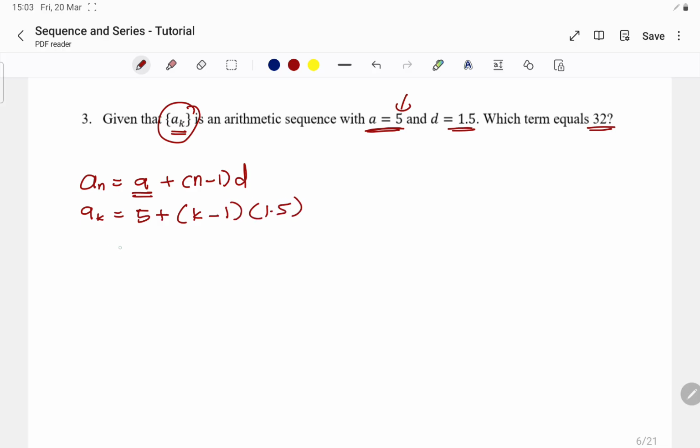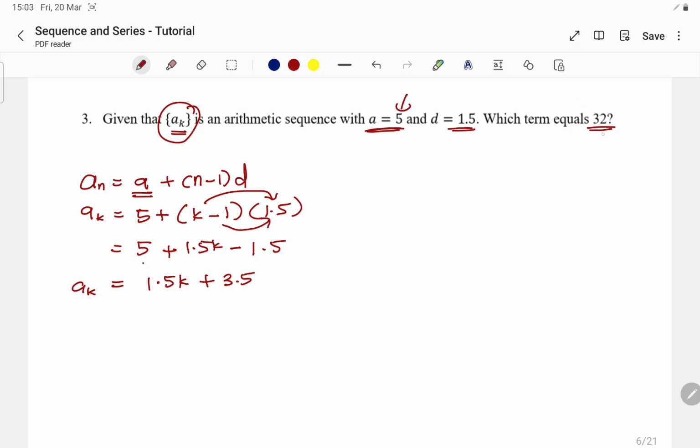So you expand this, you're going to get 5 plus K multiplied by 1.5, so 1.5K, negative 1 multiplied with 1.5, negative 1.5. So here you will get 1.5K plus 3.5, which is 5 minus 1.5. Okay, so this is your AK right now.